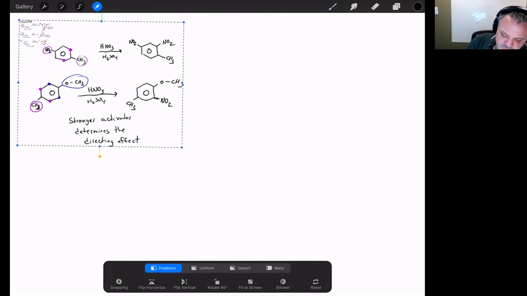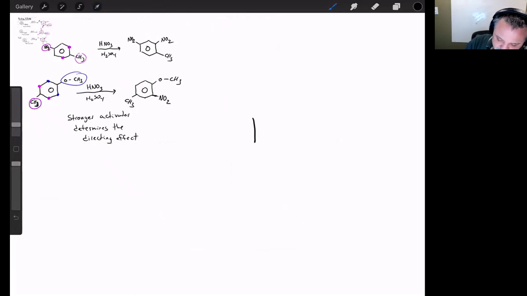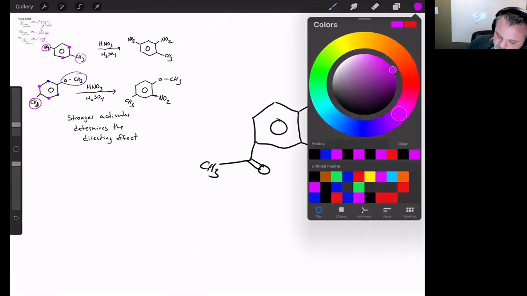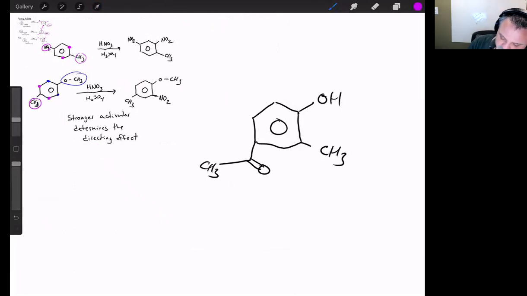And so what I want to do is give one quick example just to summarize this in a nutshell. Let's take alcohol, let's take CH3, and then let's do this carbonyl group. So what do we get here in this case?